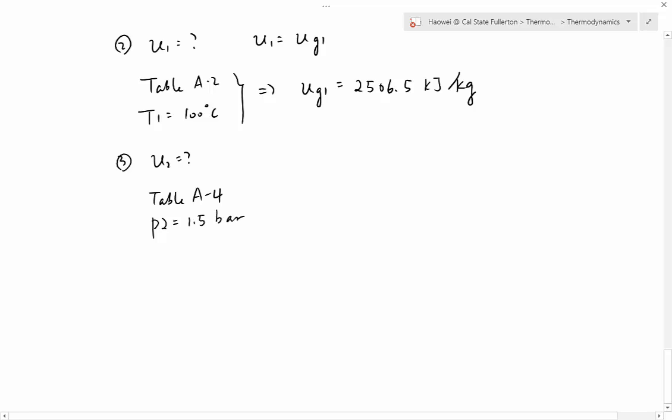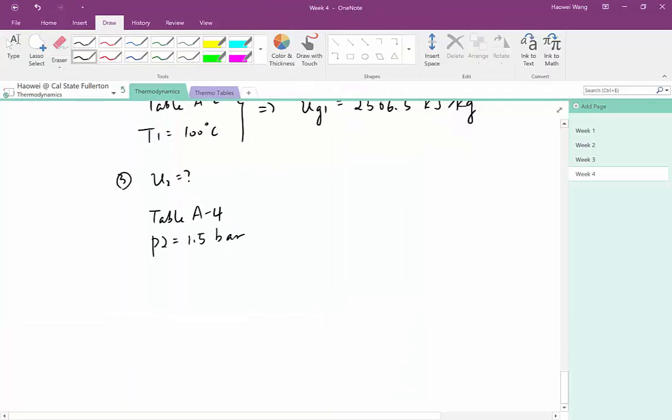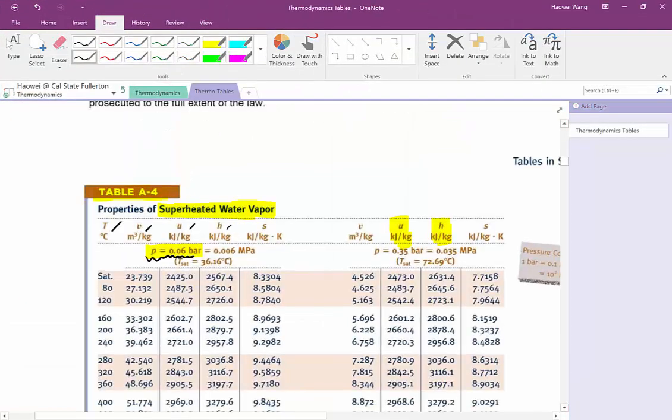But like we said, we need two inputs whenever we use table A4. One of the inputs has to be pressure. So that's good, we have pressure P2, but we still need one more input. This one more input can be anything, such as temperature, or nu, or u, or h.